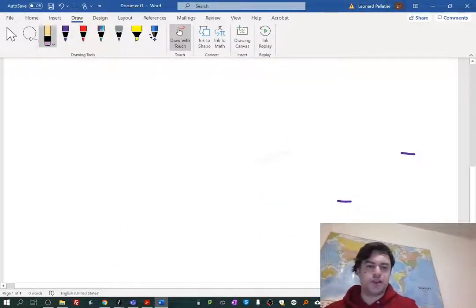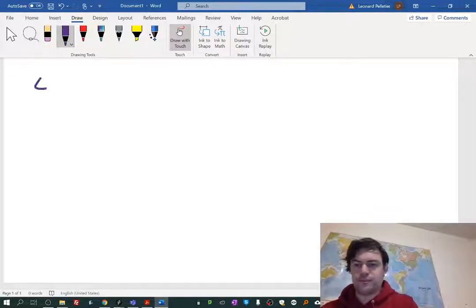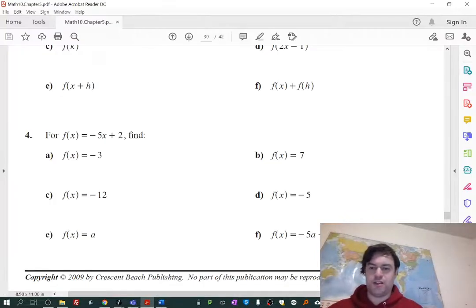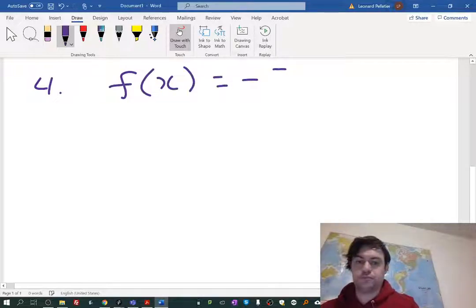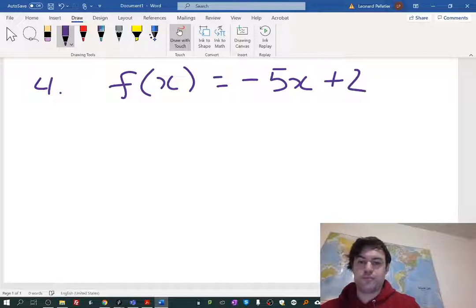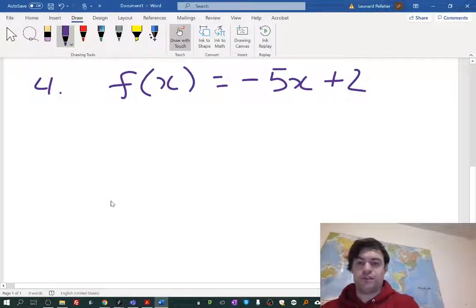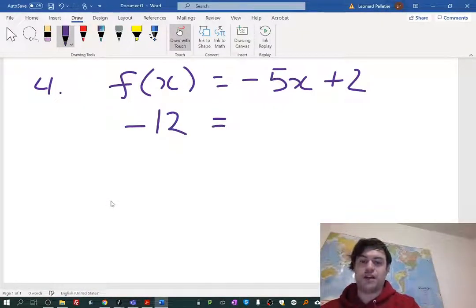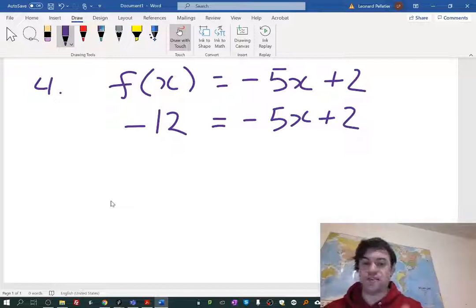So question number 4. This time we know f of x is minus 5x plus 2. So for example, if we did C, f of x equals negative 12, then we just put in negative 12 for f of x, and we solve for x. In order to solve for x, I need to get x all by itself.